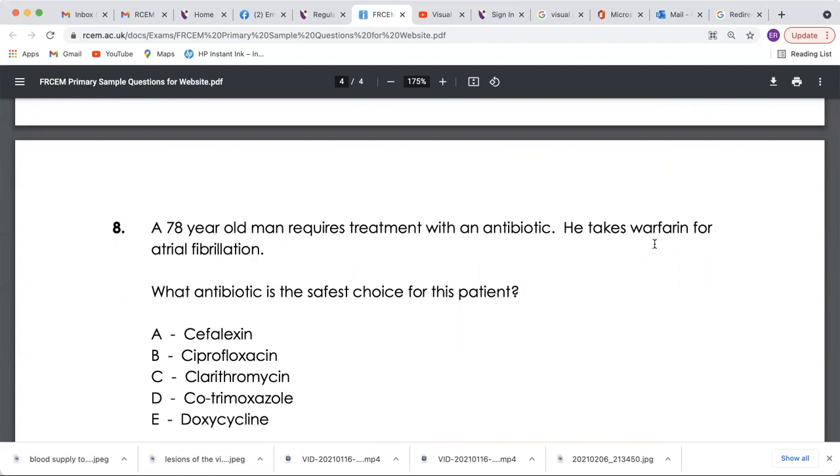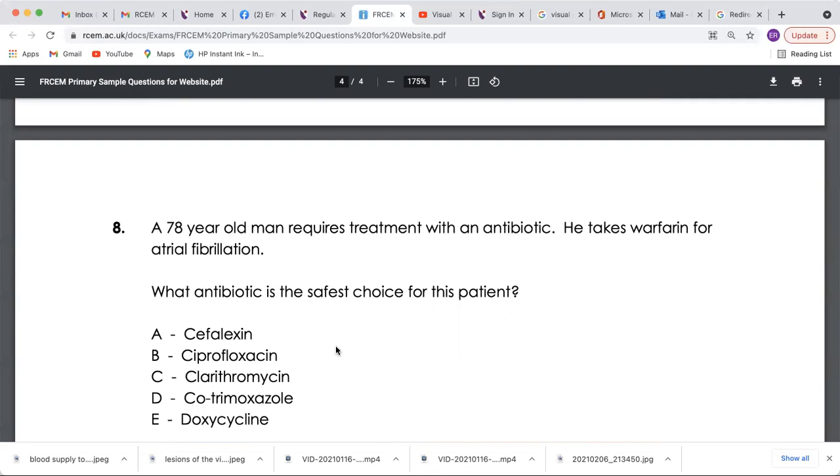Again, someone is taking warfarin and you're about to start an antibiotic. What antibiotic is the safest choice in this patient? Obviously, they want us to avoid any enzyme inducers and inhibitors, so the patient can take warfarin safely, right?